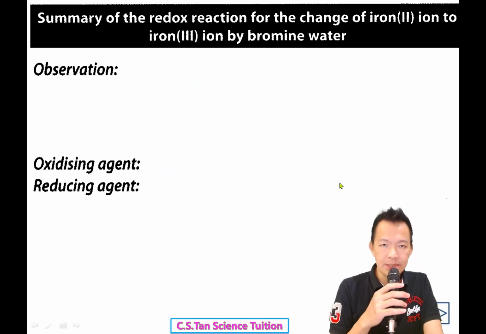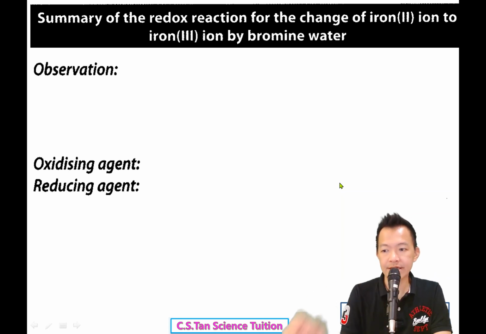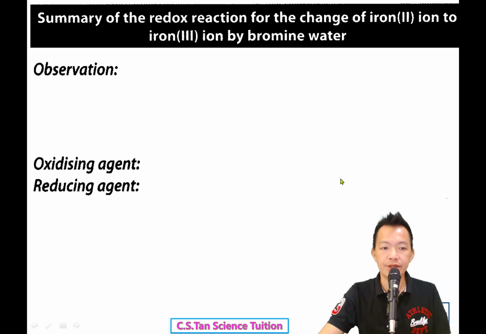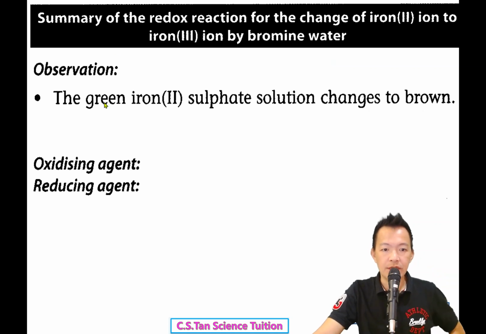So how is your observation? Just now during the chemical reaction, what is your observation? Iron 2 become iron 3, green change to brown. So the green iron 2 sulfate solution changes to brown color.